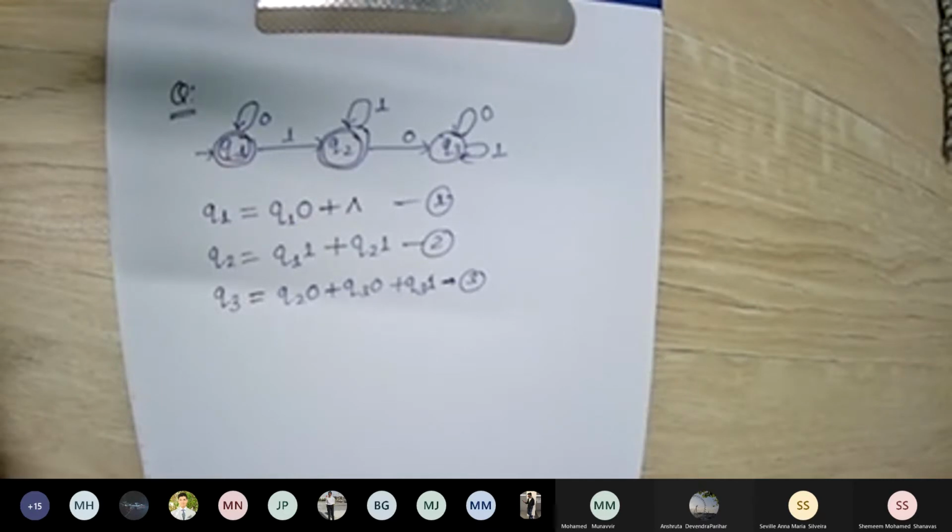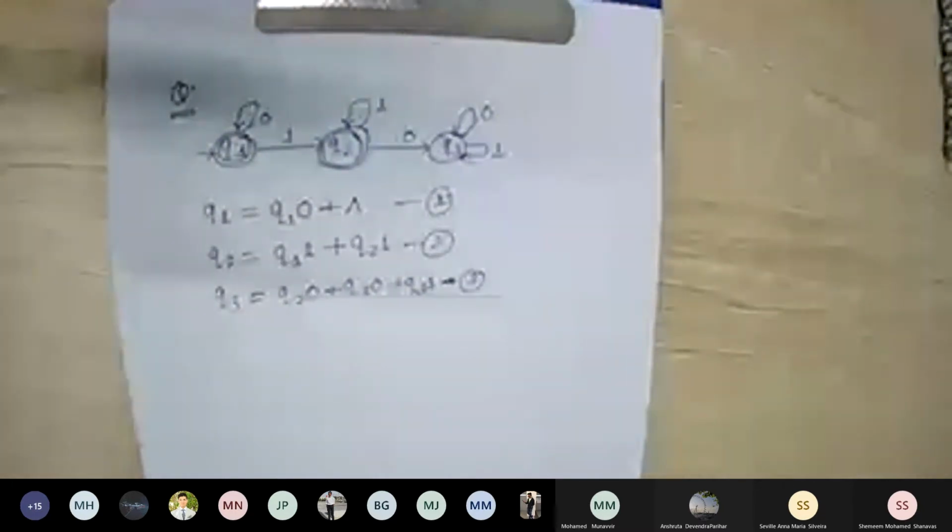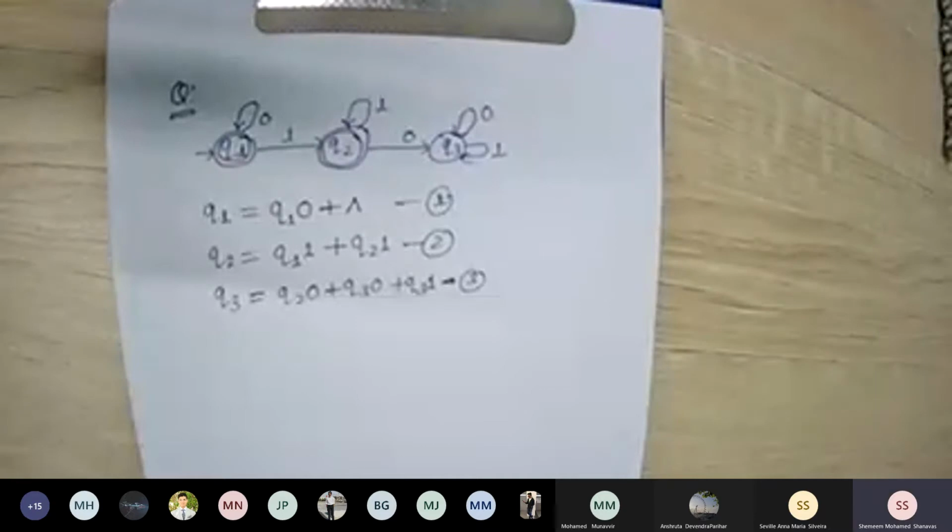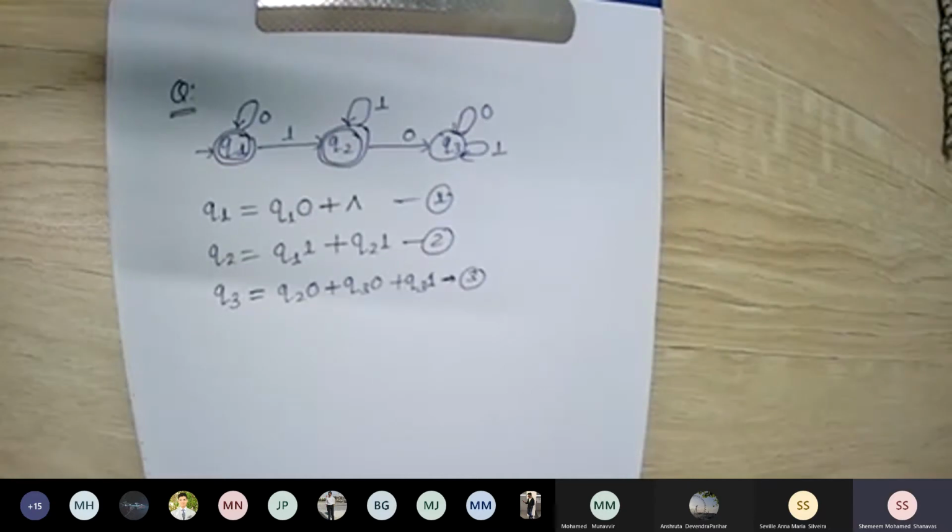So we did 12 identities. Now what you have to do is solve it like an algebraic equation. You know how to solve, no? Yes, sir. So like that we have to solve.